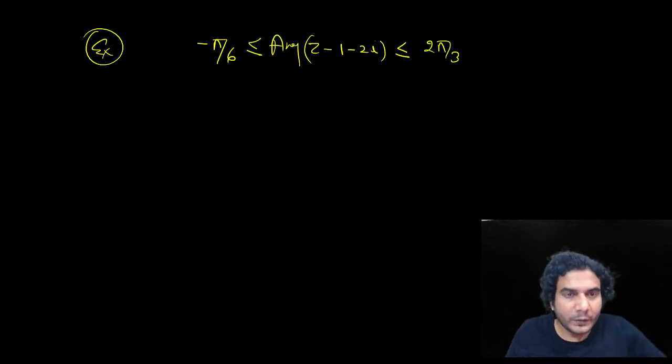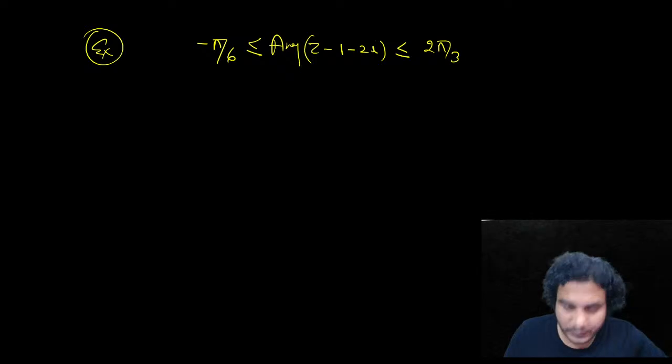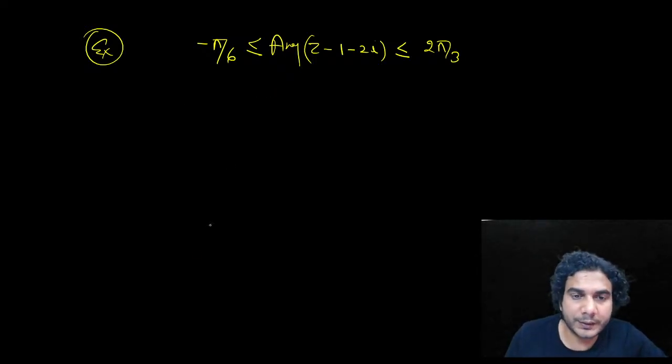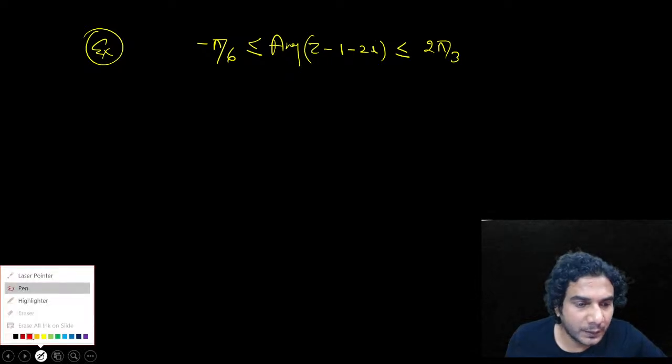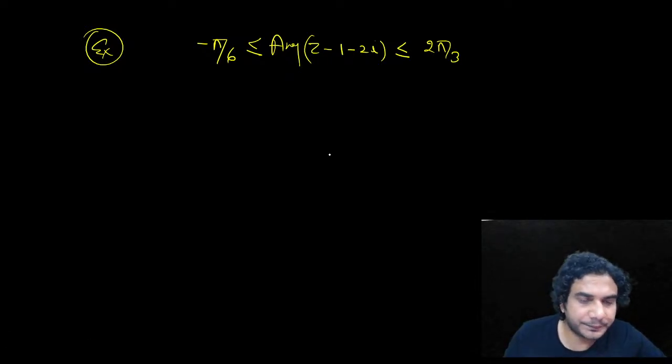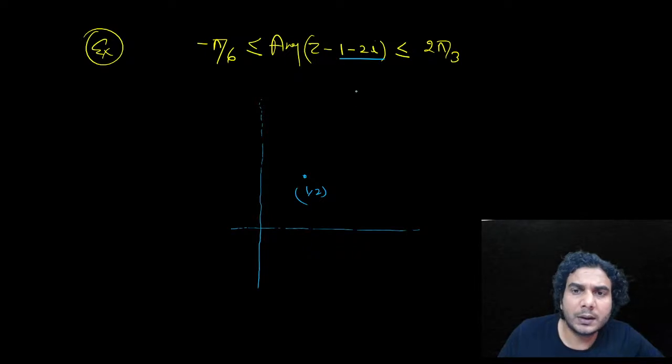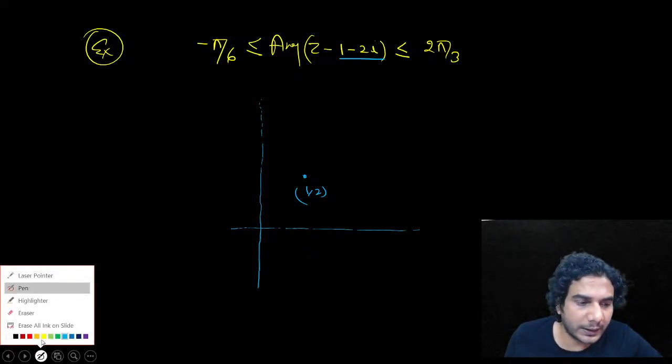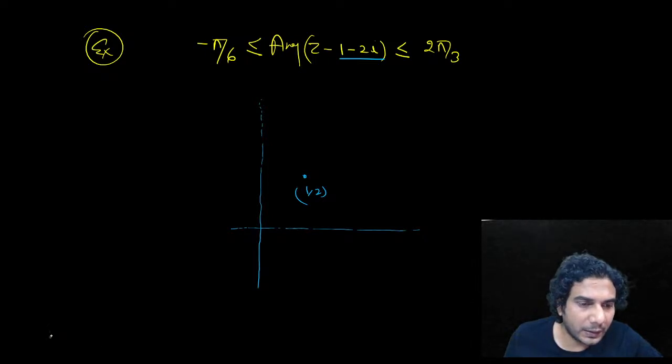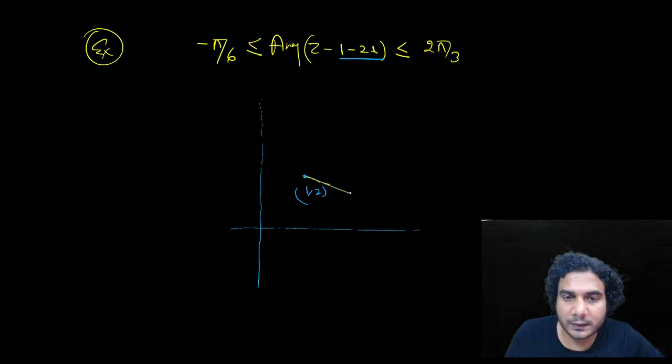All right. So let's continue. In this case, what we need to do is, the argument is greater than minus pi by 6, so you need to plot a ray at an angle of minus pi by 6.